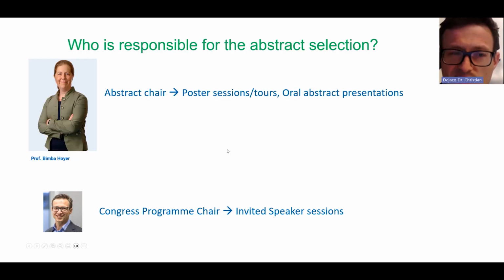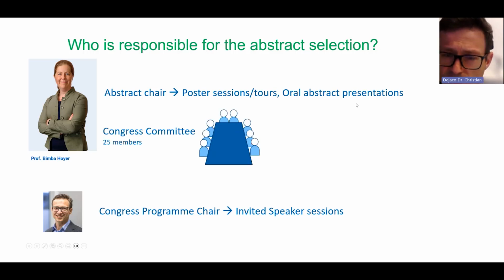The person who is mainly responsible for the abstract selection and the creation of the abstract sessions is Bimba Hoyer. She is the abstract chair, and she has the final responsibility on all the abstract selections and which abstract is presented in which category. We have the poster sessions, the poster tours, and the oral abstract presentation sessions.